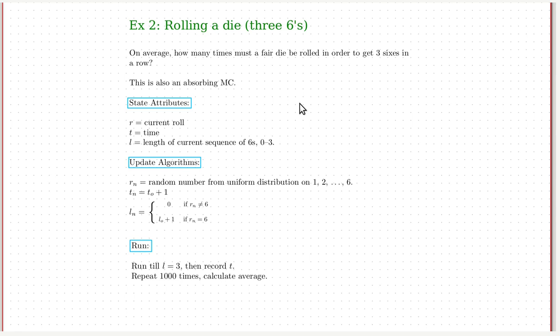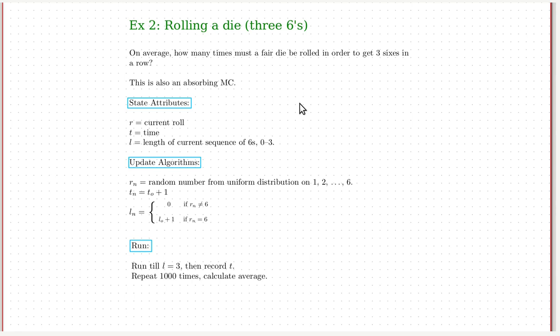And you could set up the canonical matrix and find the fundamental matrix and solve the problem that way. And you could do something similar for the previous problem. That's another way to analyze the previous problem, rather than just using the geometric distribution. The geometric distribution is probably the simplest way to go.